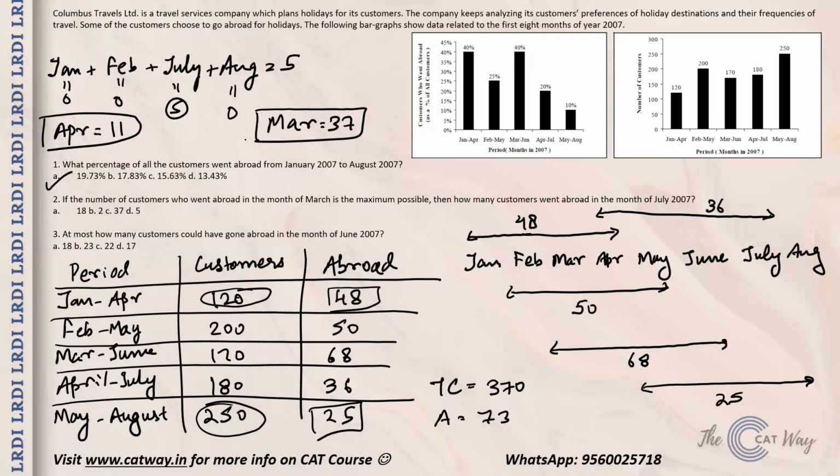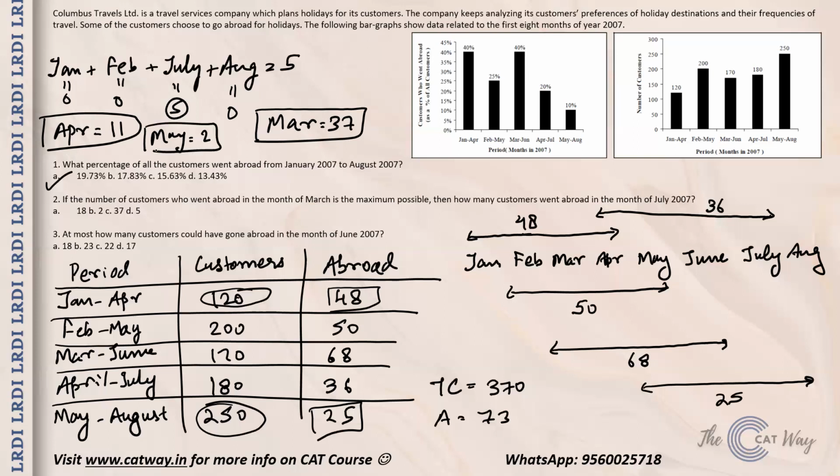All right. So now, Feb to May is 50. Out of that, Feb is 0, and March and April is 48. So May will be equal to 2 in this case.